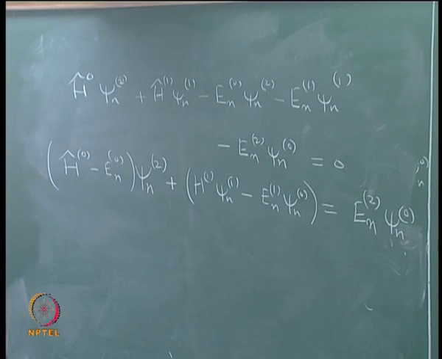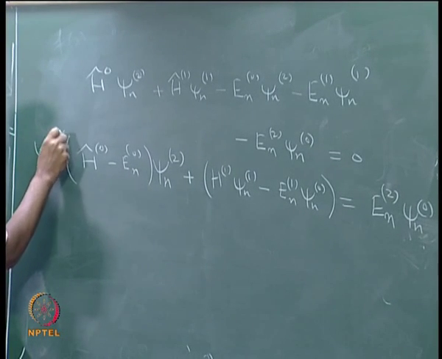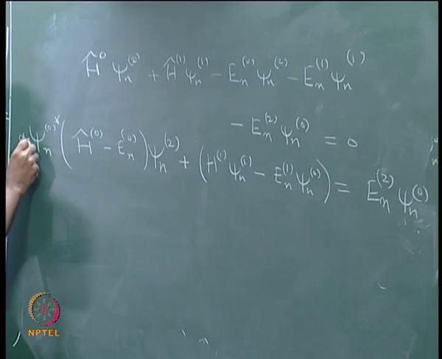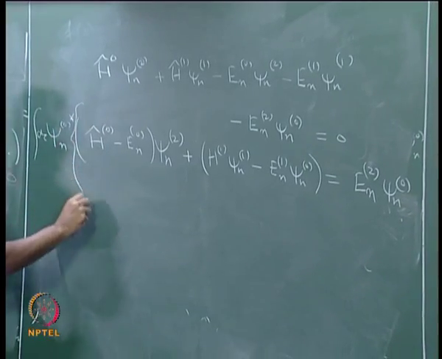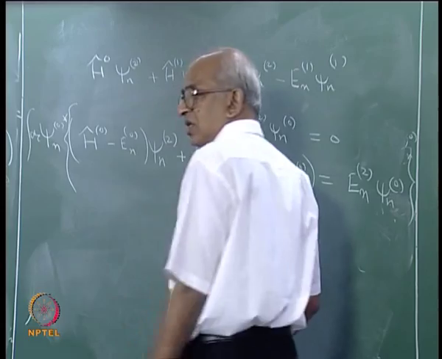Right. All that I need to do, I think I am going to run out of time, is multiply by psi n0 star d tau everywhere. I take all these things and multiply everywhere by psi n0 star.